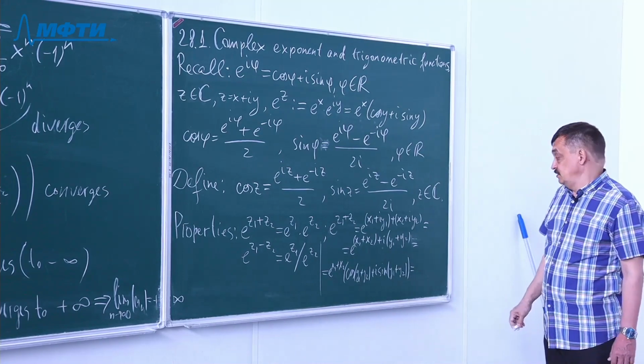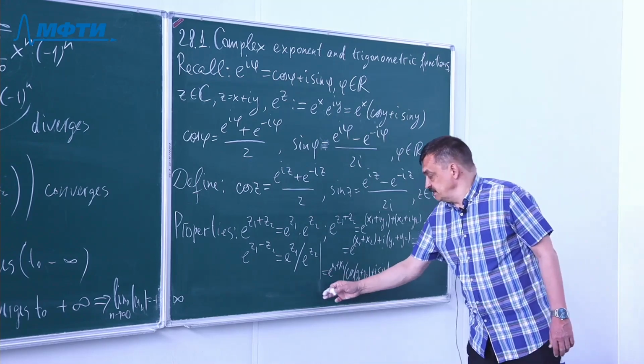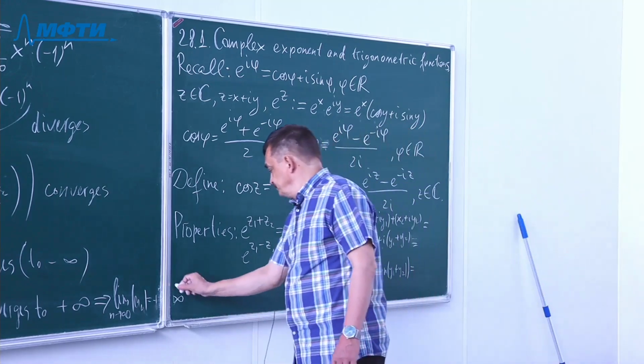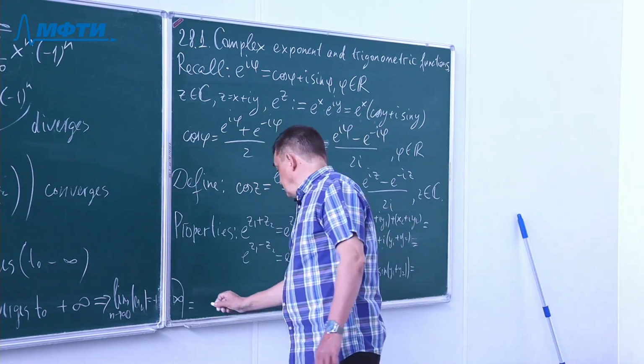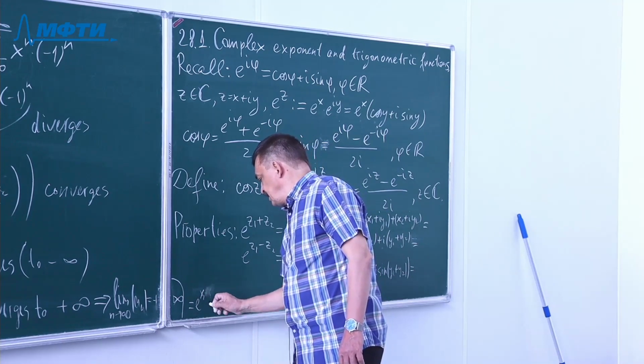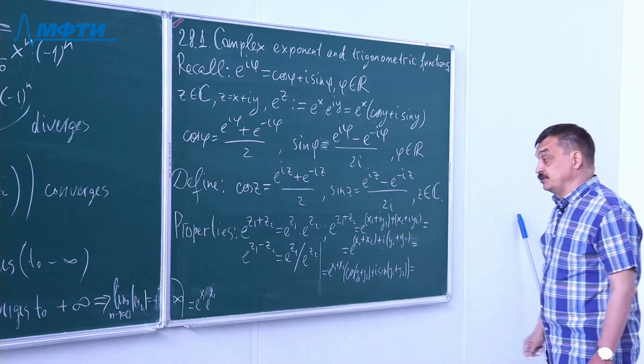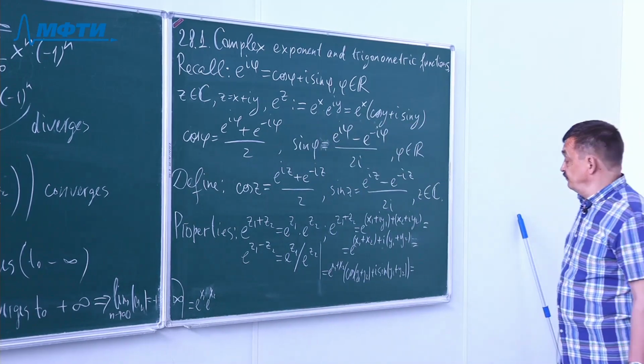And what is it? That is e to the power x1 plus x2. I may rewrite like that by properties of the usual real exponential function.